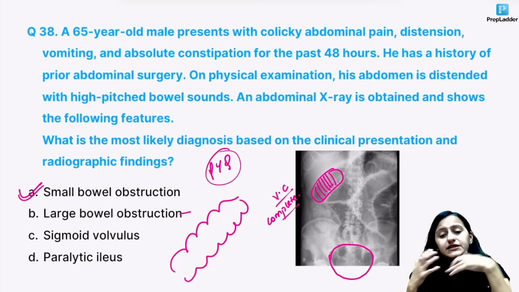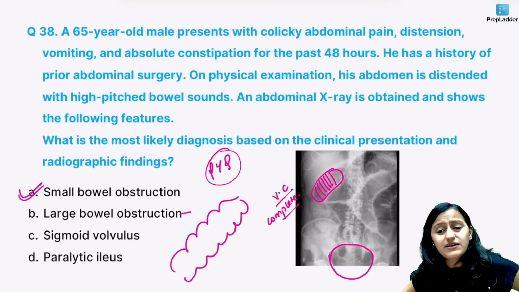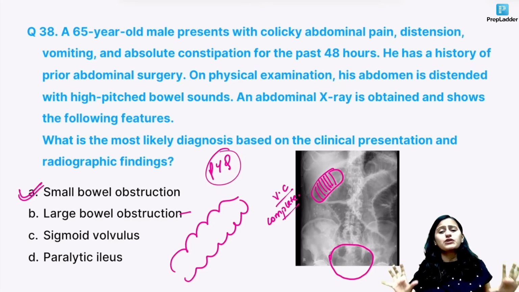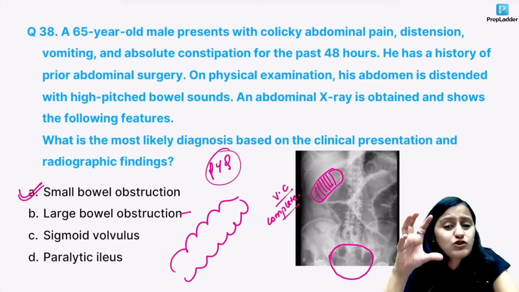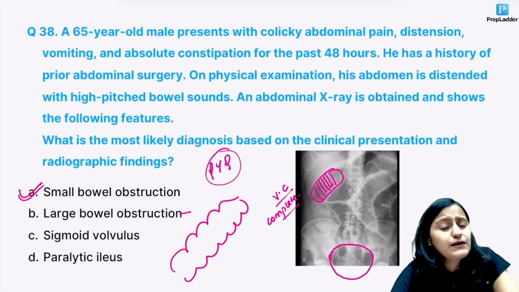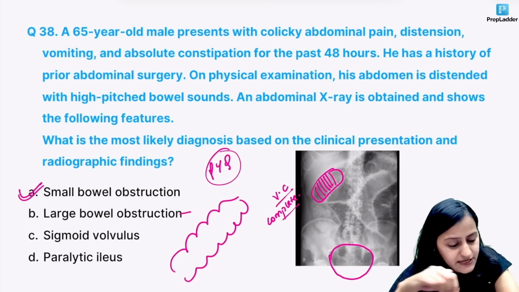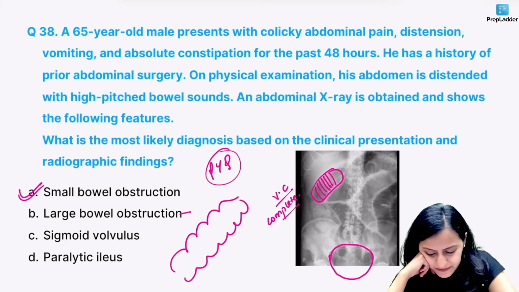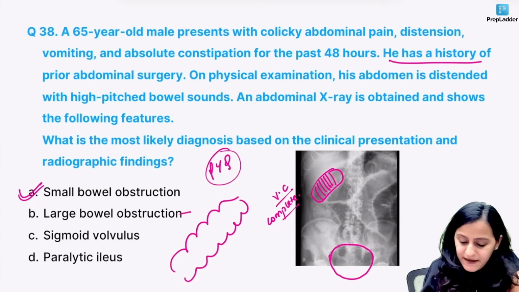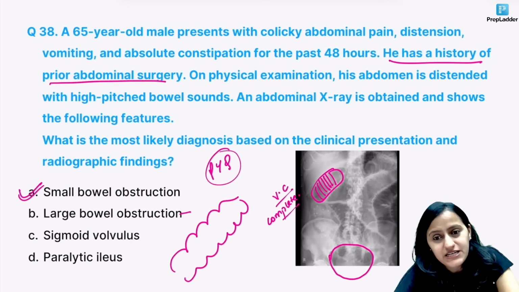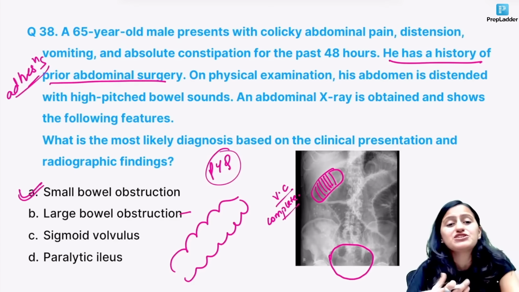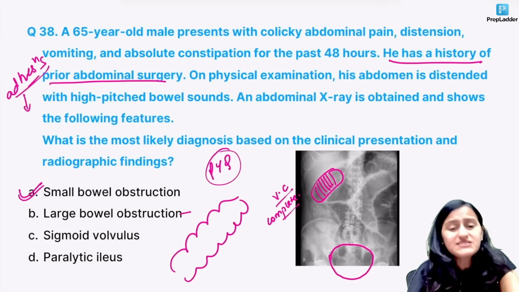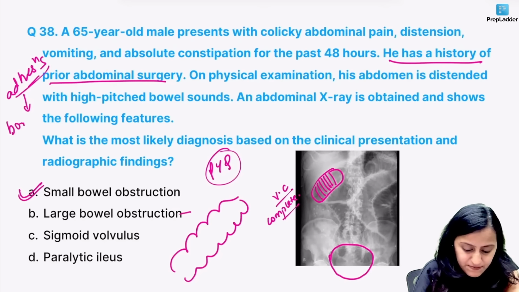You will also see the large bowel also dilated along with the small bowel, because the entire bowel is involved in ileus. Okay, here particularly you see only the small bowel loops dilated in a localized area. So that's why you will go with small bowel obstruction. Now if you are getting confused because there is a history of prior abdominal surgery here, that basically tells you that because of abdominal surgery the patient develops adhesions, and adhesions are a very common cause of causing bowel obstruction.